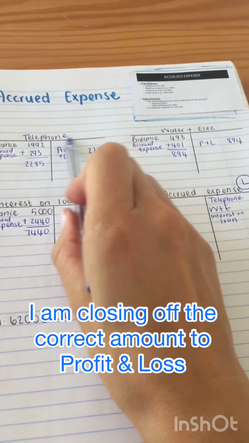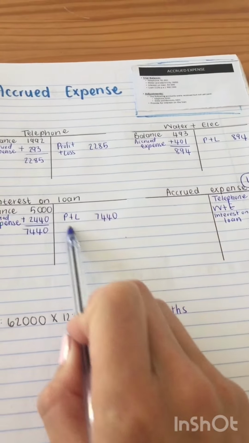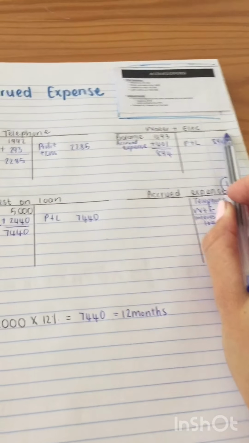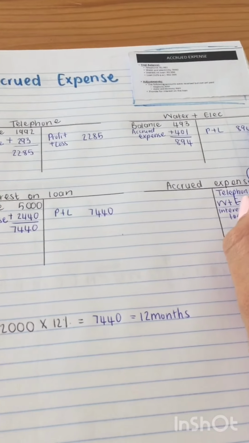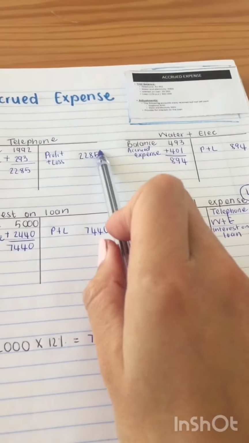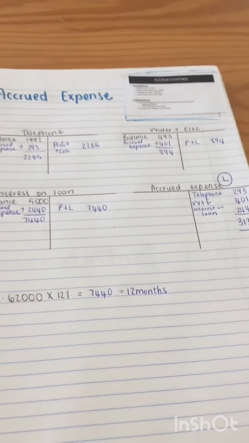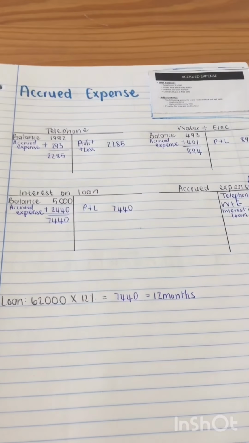That means that that amount, the 288, the 2285, the 7440 and the 894 will all go to my income statement eventually. So that's what we're working towards. But for now, I need the correct amount in my books, and I've done that by adding what I still owed. That's my accrued expense.